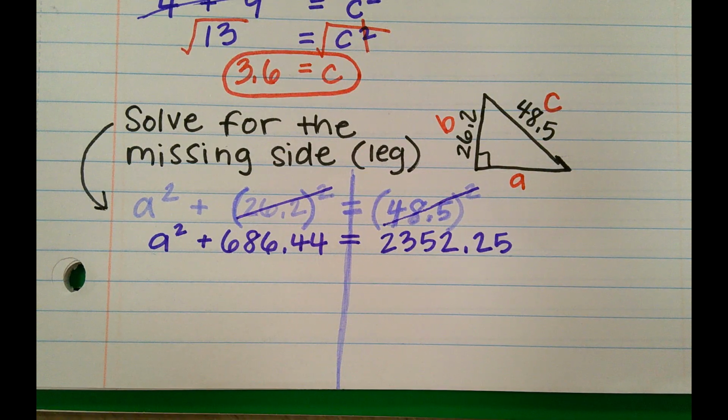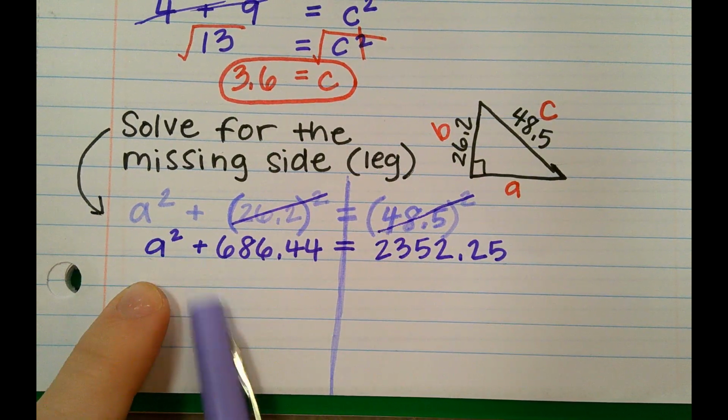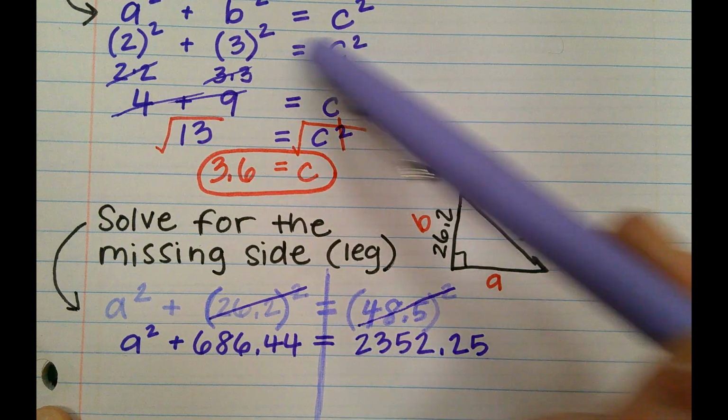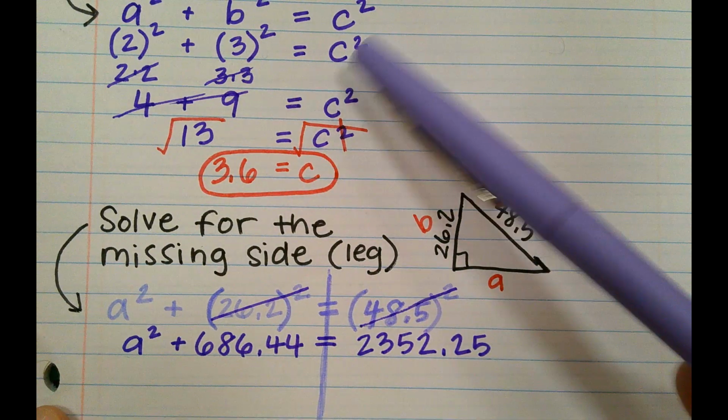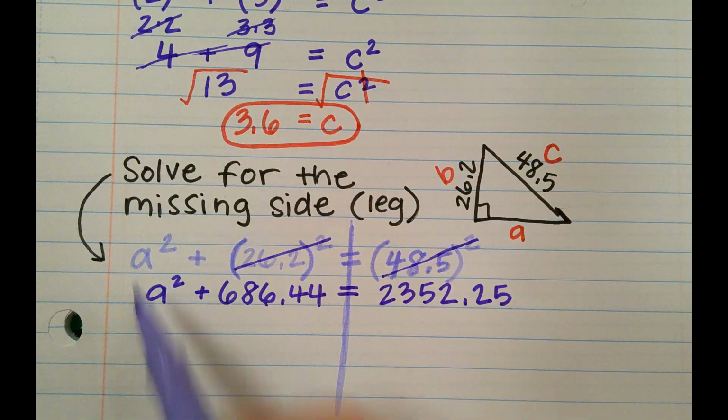Now, yes, I need to get everything that is not a on the other side of the equal sign. In this last problem, I didn't have to move anything around because my c was already by itself. But this time, I have to get a by itself.